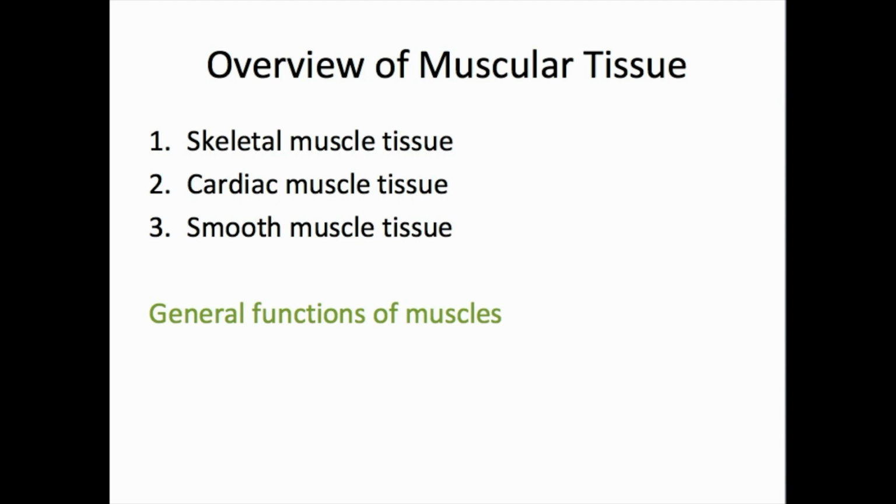As you can see, there are three types of muscular tissue: skeletal, cardiac, and smooth muscle tissue.